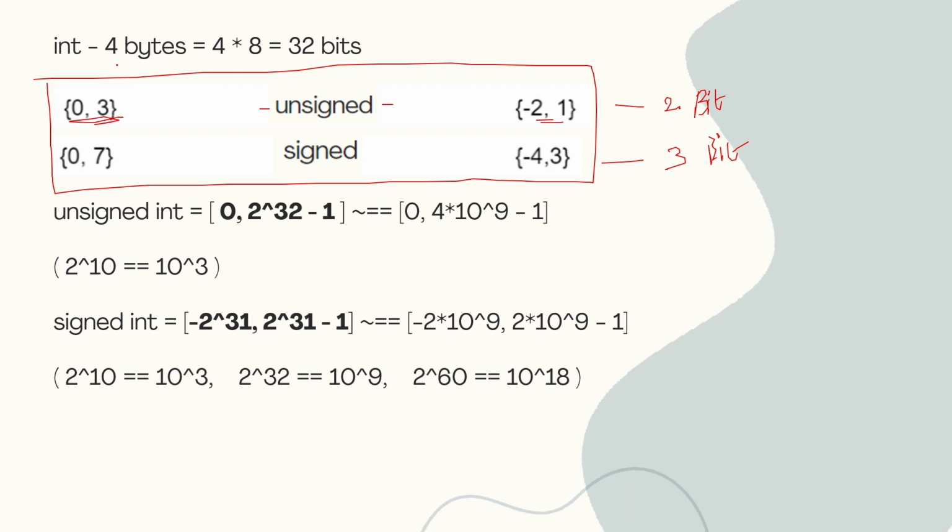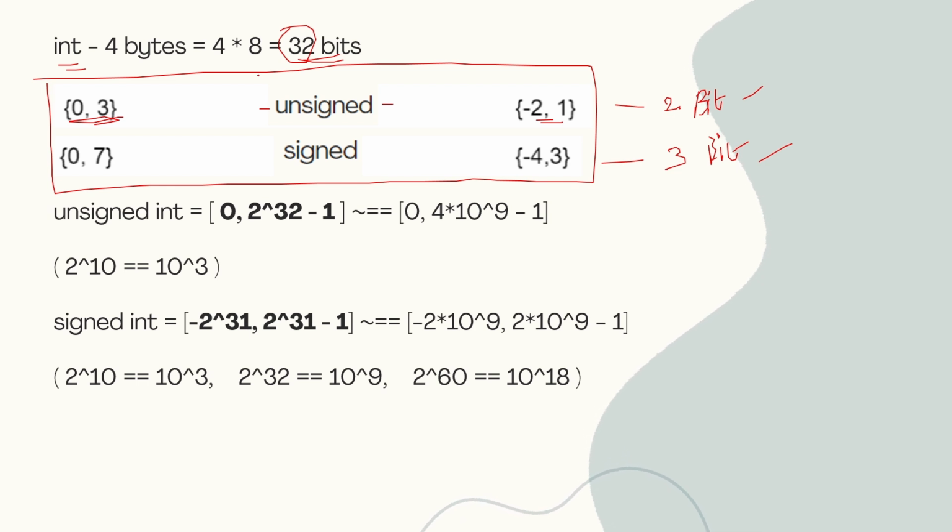So what I'm going to tell you is, you want to do it for 32 bits. Previously we have done 2 bit and 3 bit as well. But integer is actually 4 bytes, that means integer is actually 32 bits. So I want to know what is the range for integer.